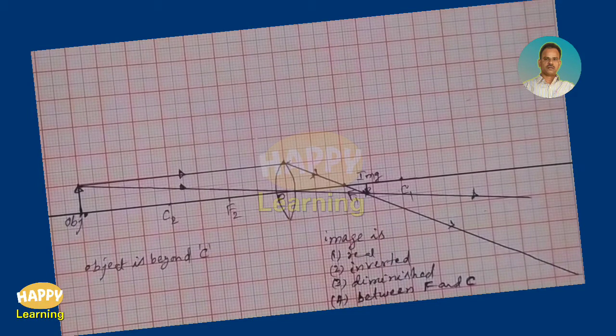Similarly, we will draw the image for one or two other cases also.